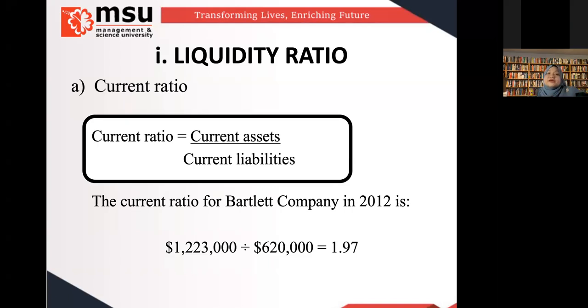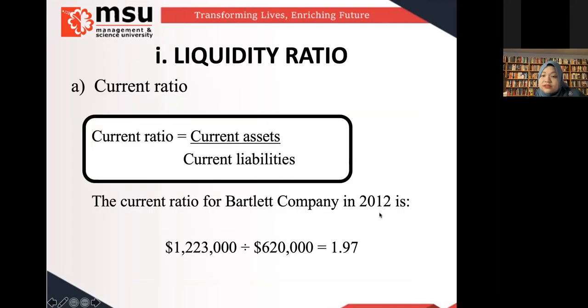All right. So how to calculate current ratio? Current ratio is current assets divided by current liabilities. You can find current assets and current liabilities in the balance sheet. Let us look at Bartlett Companies.